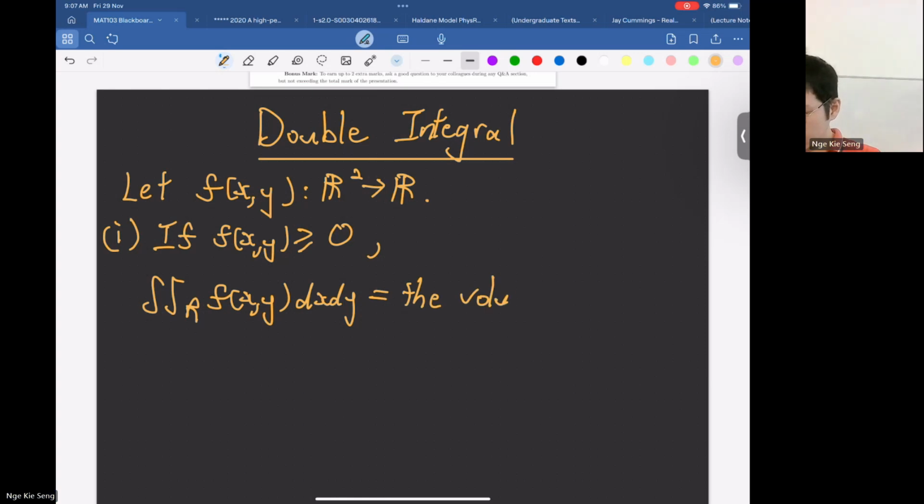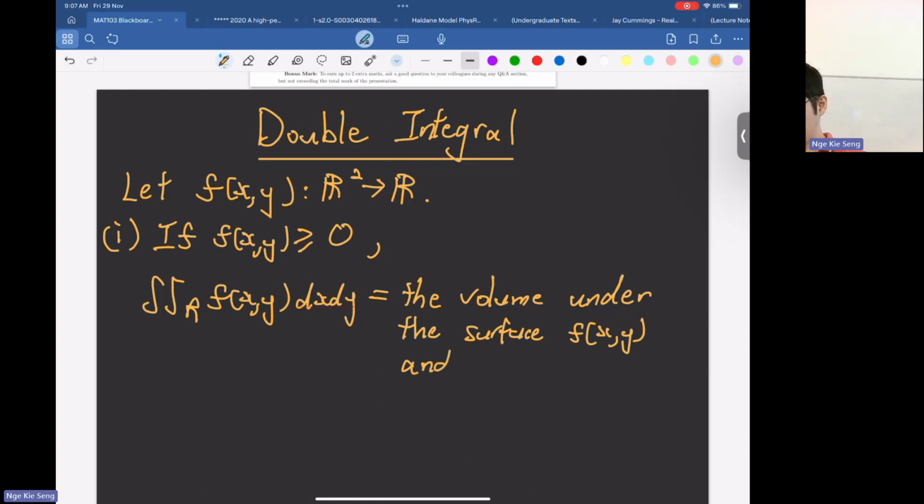So if your function of two variables is always non-negative, then this double integral computes the volume under the surface of f(x, y) and above the domain. In this case, what's the integral domain? It is R.